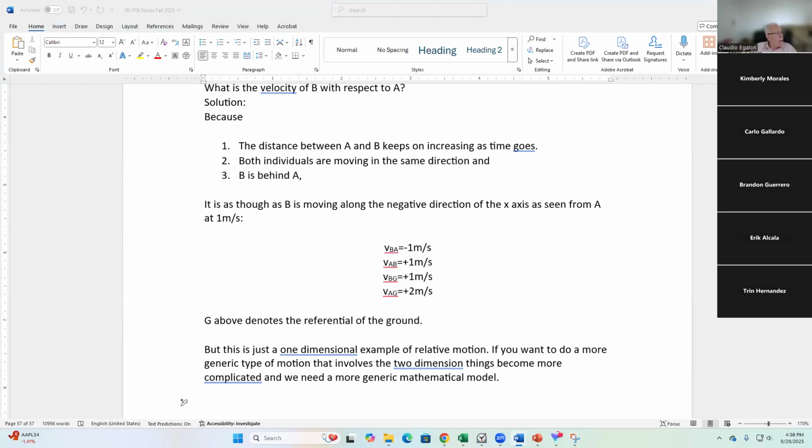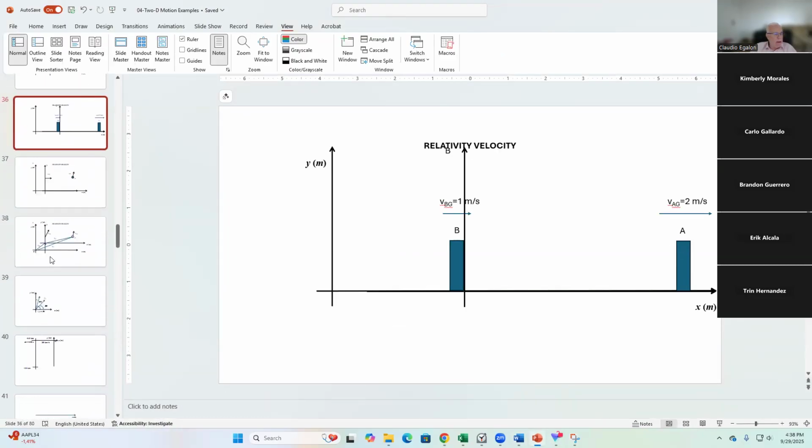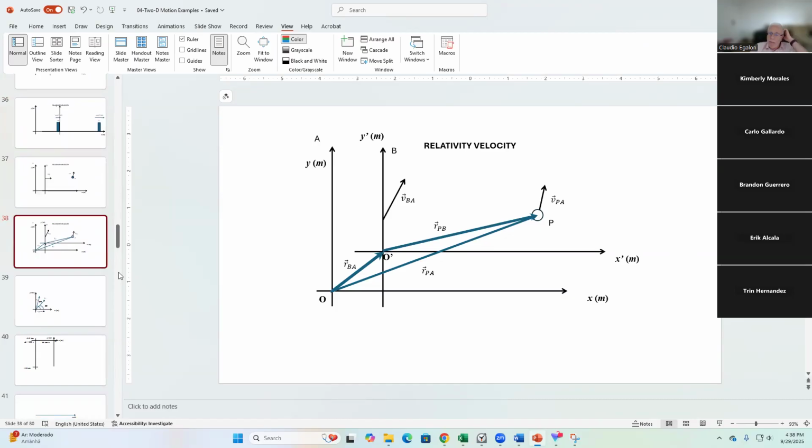And the way we do it is like that. Here you go. We have here this graph, okay? We represent this axis that you see here, X and Y axis, as being my referential A. And this other axis, X prime and Y prime, as being my referential B. Both referentials have an origin.